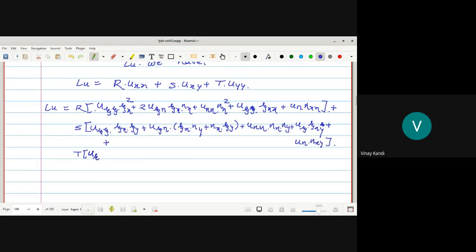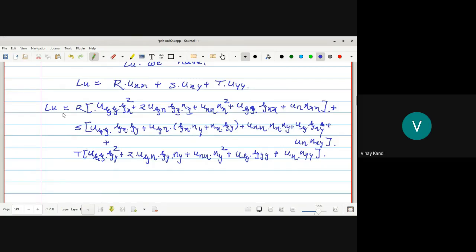u psi psi into psi y square plus 2 u psi eta into psi y eta y (wherever there is x, there y will come), plus u eta eta into eta y square plus u psi into psi yy plus u eta into eta yy.